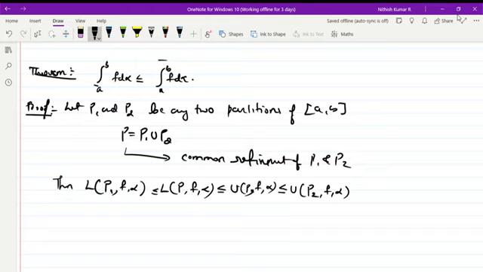Now this we have: L(P1, f, alpha) is less than or equal to U(P2, f, alpha). Okay, this we have.